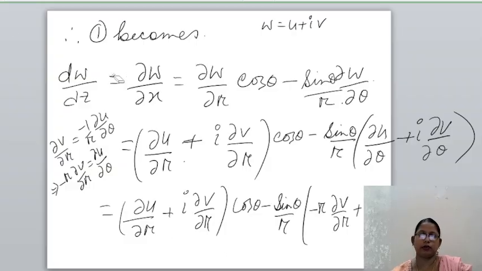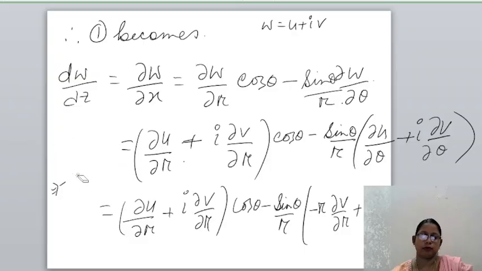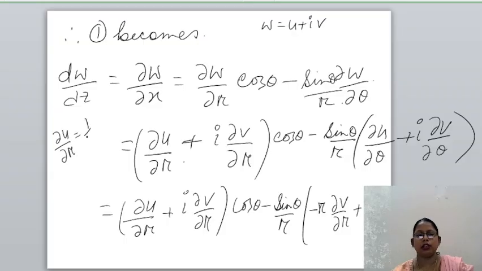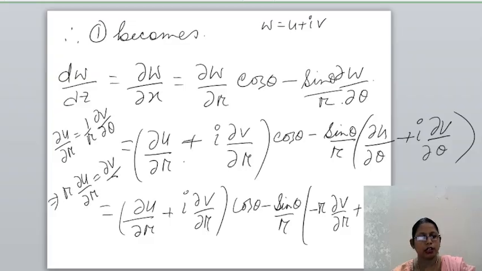Then again we know that del u by del r equal to 1 by r del v by del theta, that is r del u by del r equals del v by del theta. Then I am putting here i r del u by del r.